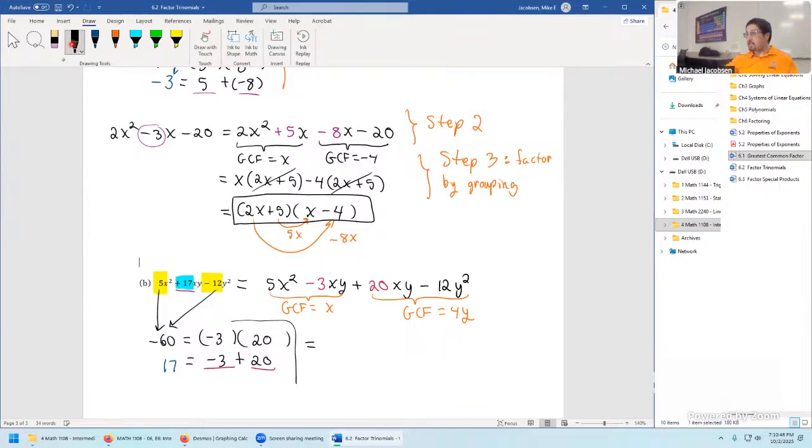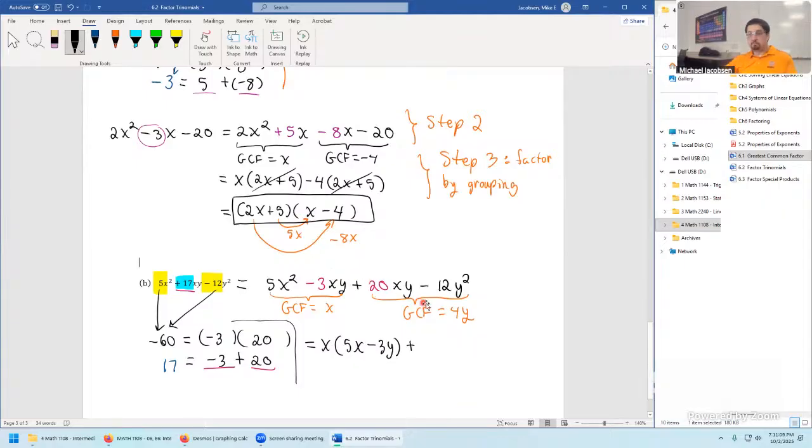So on the very next step, factor out x from here, and this is what it would look like. x divides into 5x squared, leaving behind a 5x. Then minus. x divides here, but that's just a cancellation of x's now. It's just going to be a 3y.